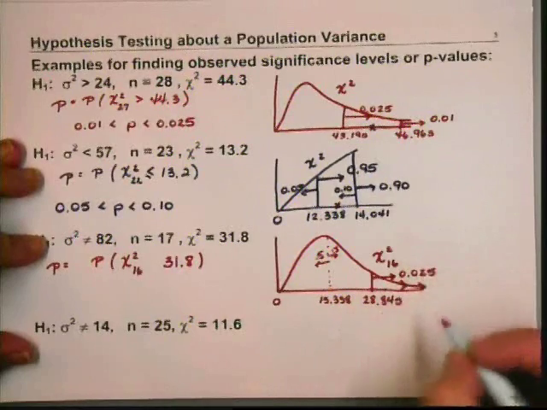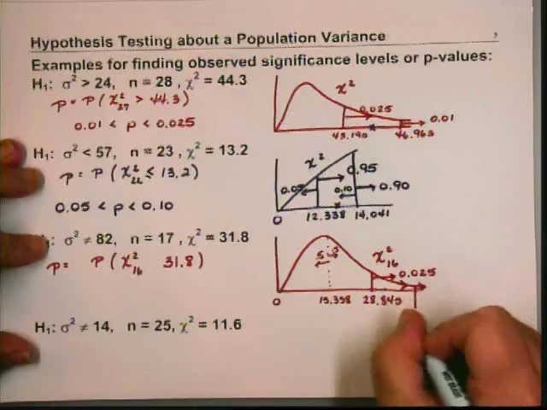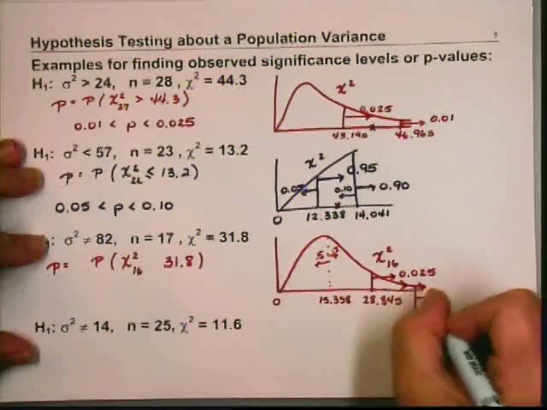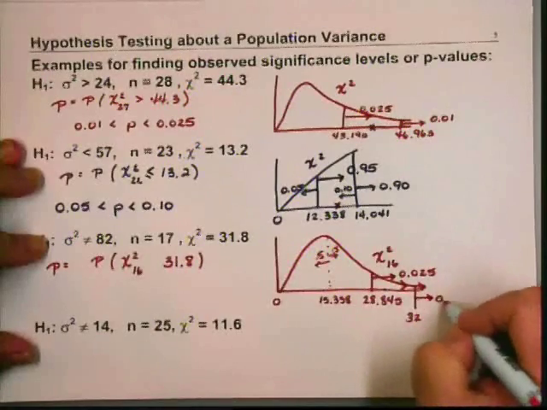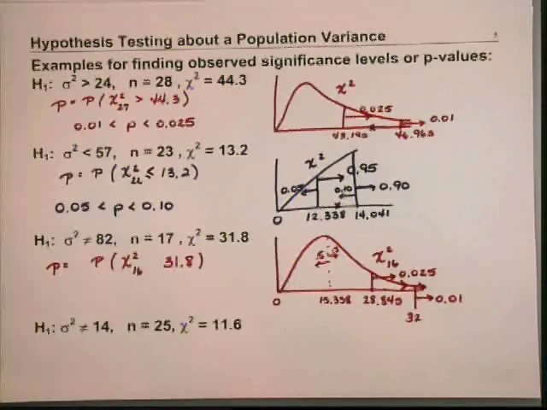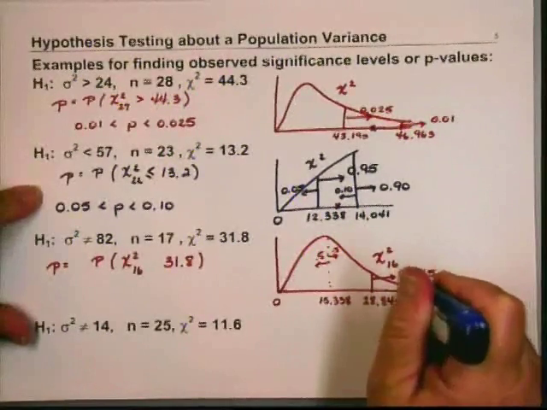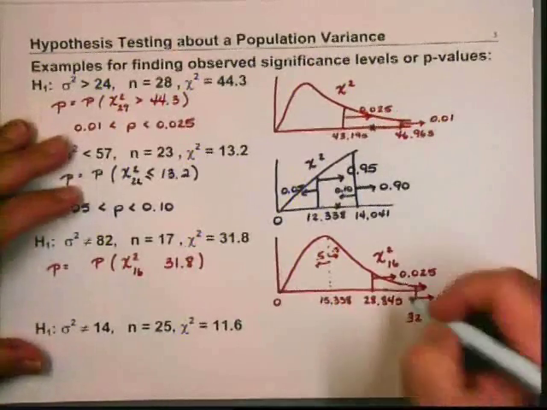The next value is 32, and it determines a right-hand area of 0.01. Everyone agree? Take out this arrow here so it looks a little better. All right, our 31.8 is in between those two.